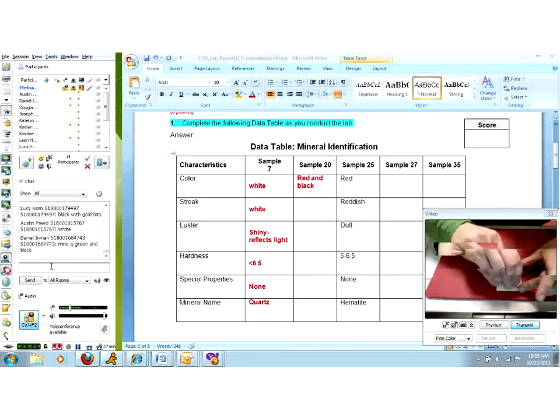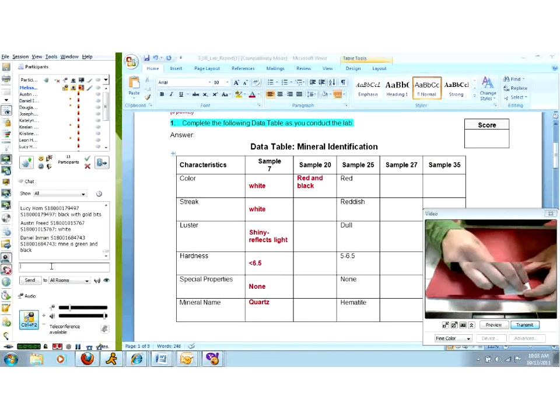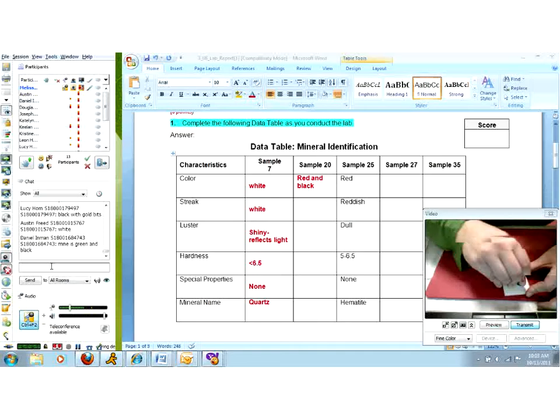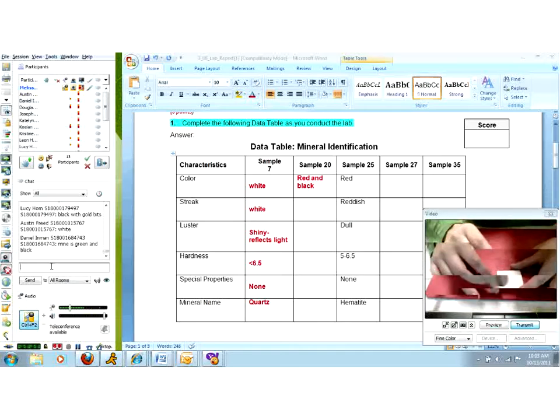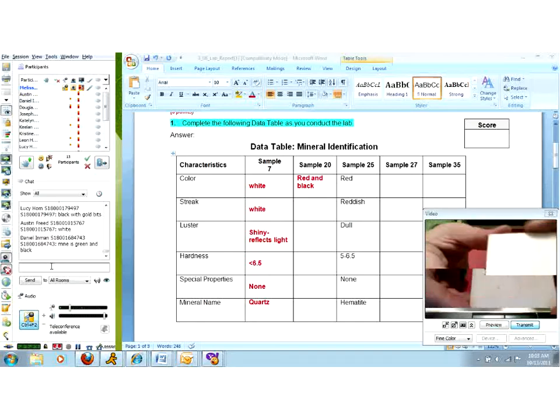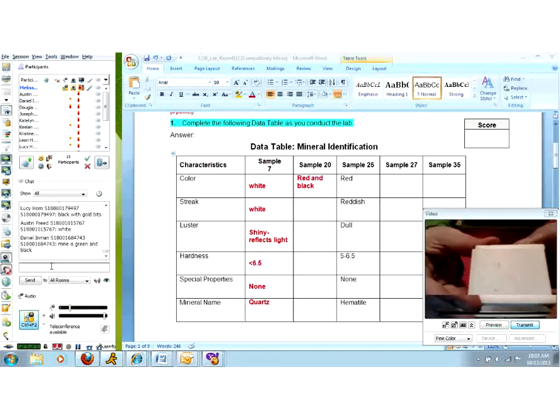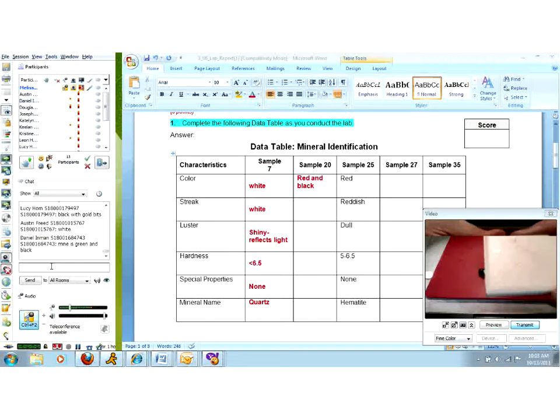I get my streak plate. I take my sample, and I drag my sample across my streak plate. Okay, and I'm looking at the color of the dust that's left behind.